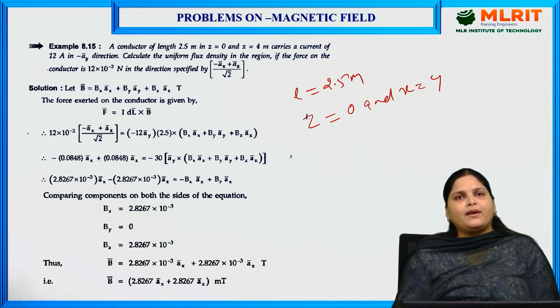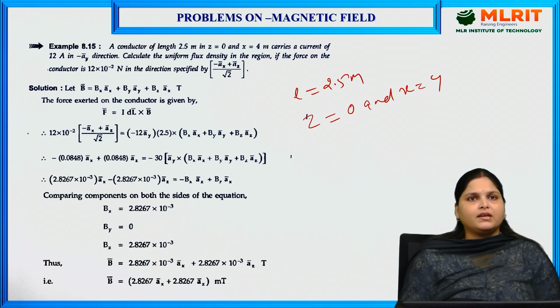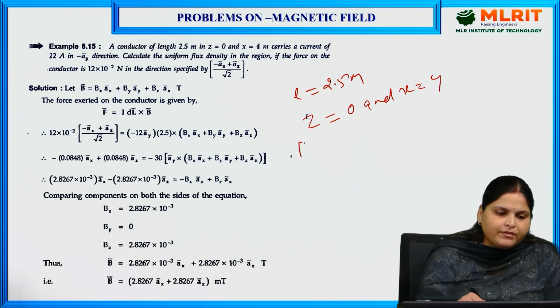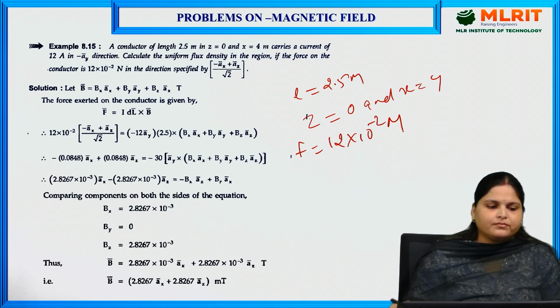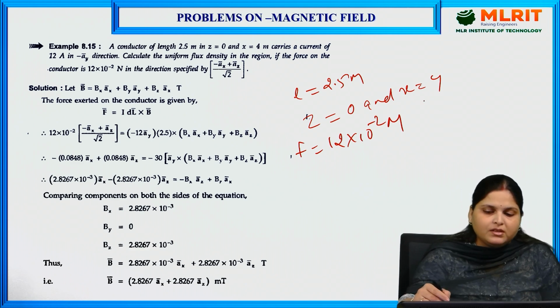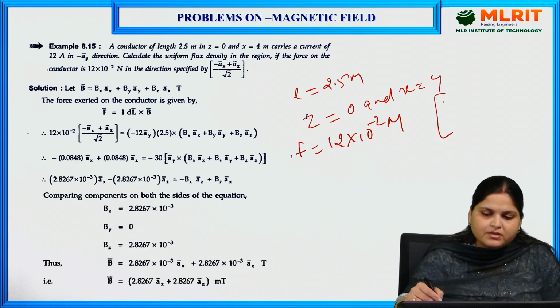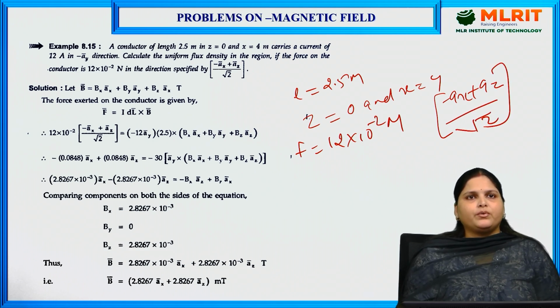We have to calculate the uniform flux density in the region if the force on the conductor is F is equals to 12 into 10 to the power minus 2 Newton, in the specific direction, and the direction of this force is minus AX plus AZ upon root of 2. These parameters are given in the question.